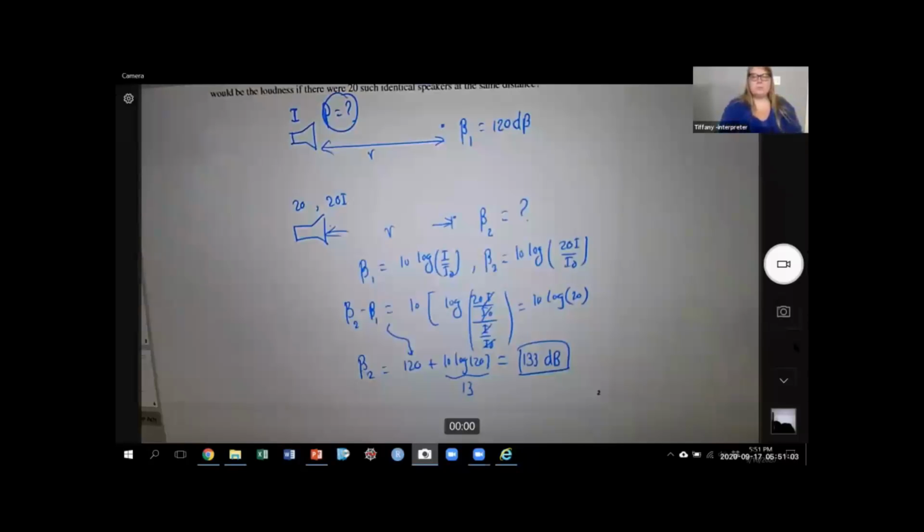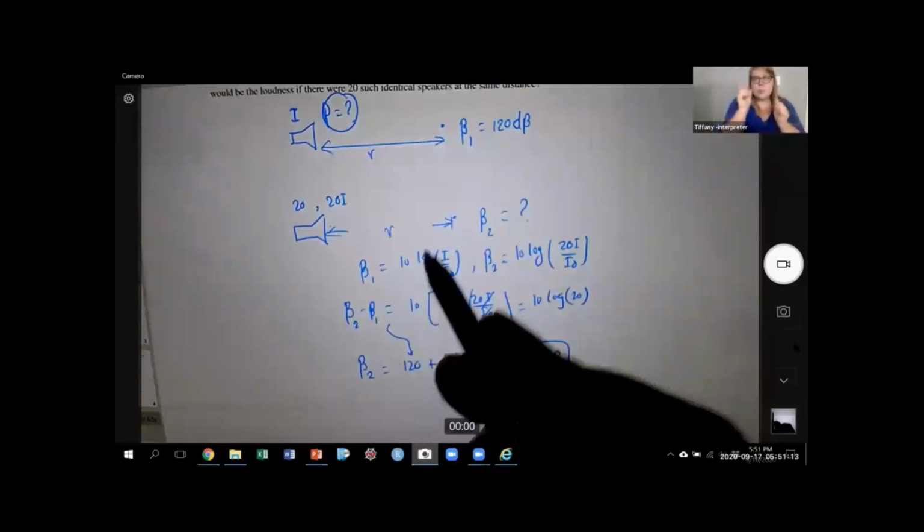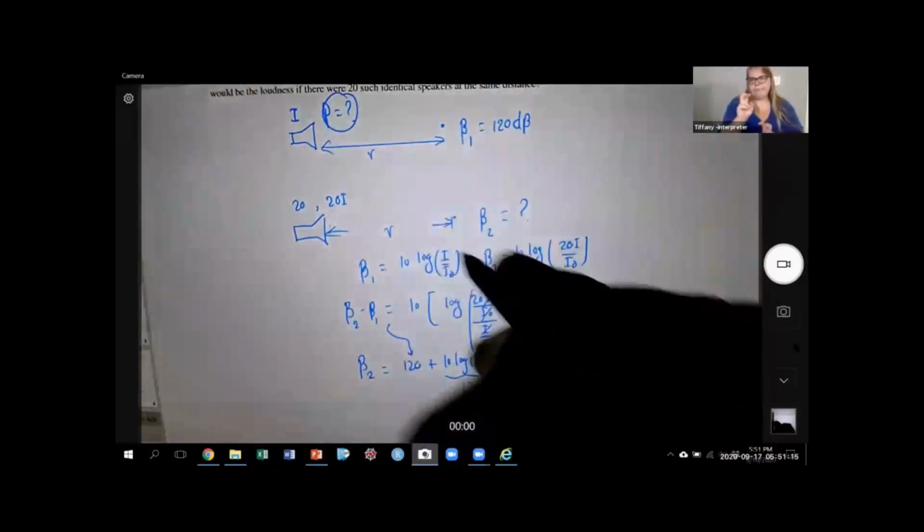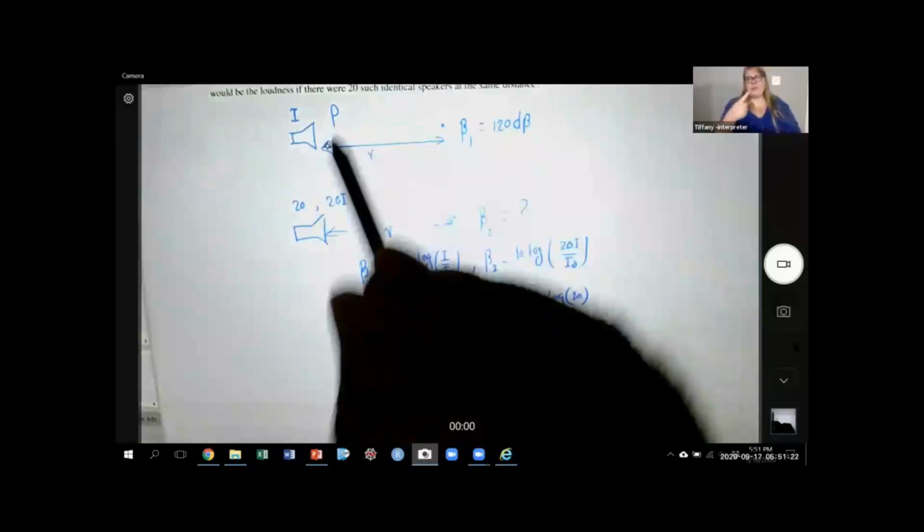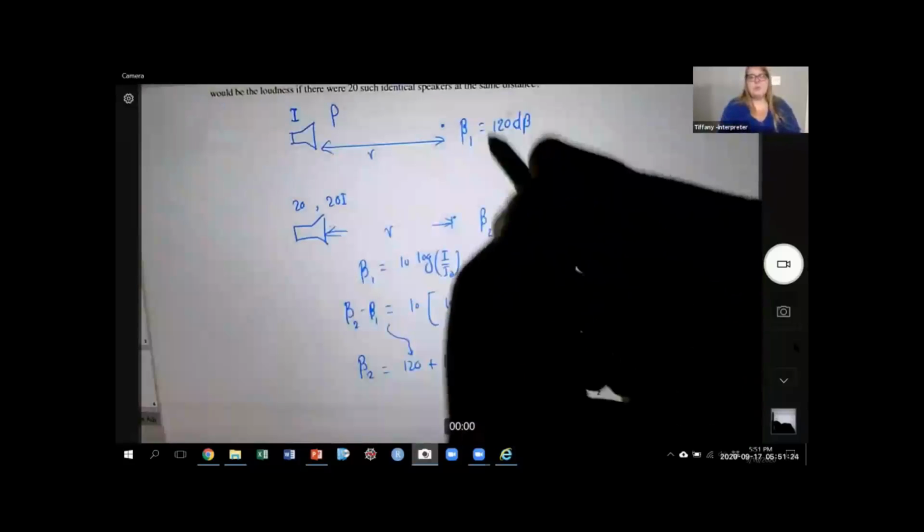If the distance were given, how would you find that exactly? Yeah, if the distance is given, then you can do either this shortcut way, or first find the power, the power wattage of this speaker. Because you are given the decibel.